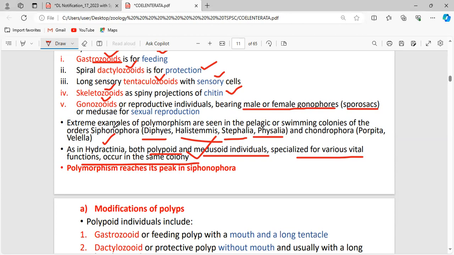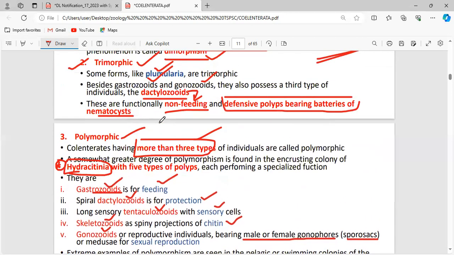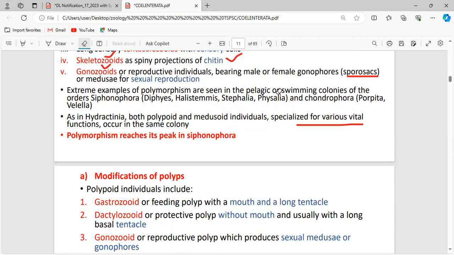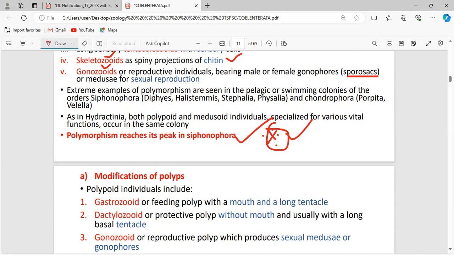So that is why Hydractinia is a perfect example for polymorphic individuals. Clear? And the most important fact: polymorphism reaches its peak in which order? The Siphonophora order. Just write down in your notebook: polymorphism reaches its peak in Siphonophora, which means polymorphism is seen very well in the Siphonophora.